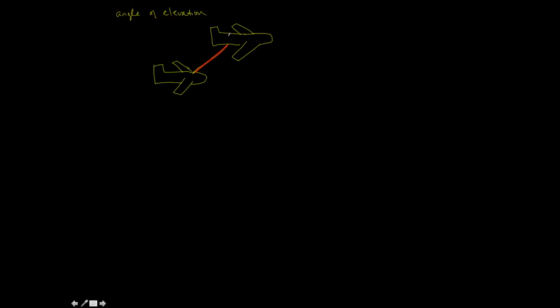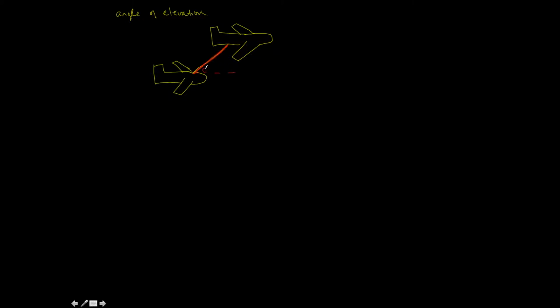So let's suppose the angle of elevation of the refueling hose is 32 degrees. Now when they say angle of elevation, that should automatically tell you that this horizontal line here has to be the horizontal part of the triangle.